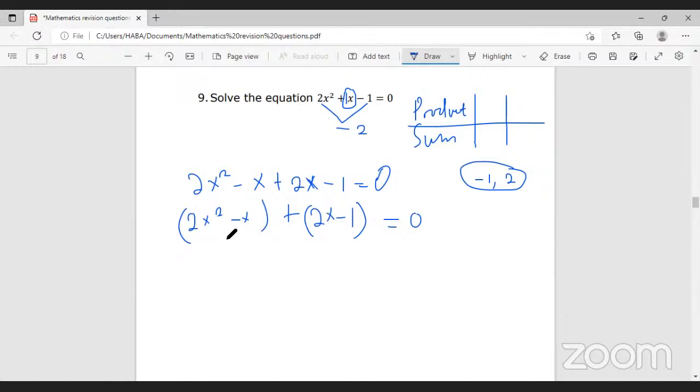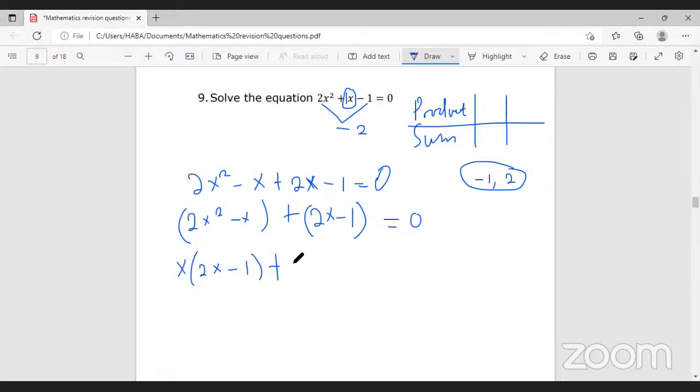Yes, so we identify common factor in the first bracket and common factor in the second bracket. So what is the common factor in the first bracket? It is x. So we remain with x outside. Then here we have 2x minus 1. Common factor in the second bracket?